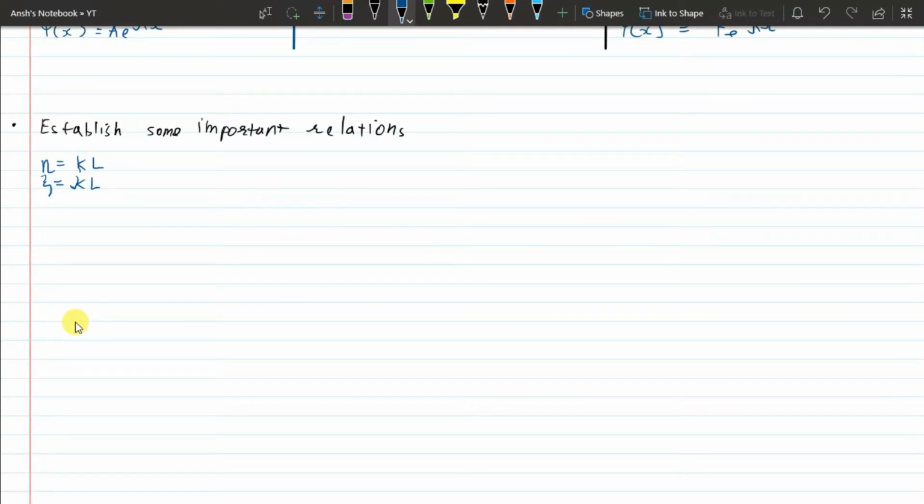And using these relations, let's calculate what eta square plus c square is. And so this will become k square plus kappa square into L square. So I've taken out the L square common, and we have k square plus kappa square inside.